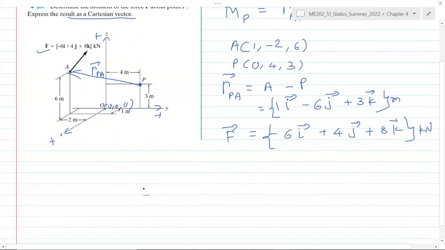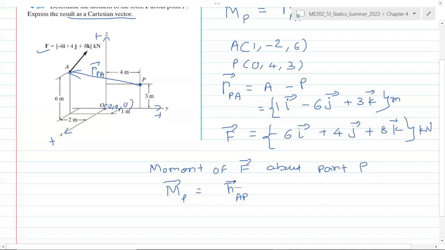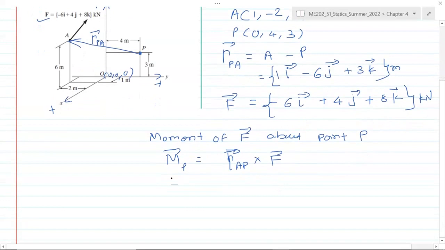And for this we use the matrix determinant. So the moment of F about point P, MP, is RPA cross F. The first row is always ijk when the moment of a force is about a point.